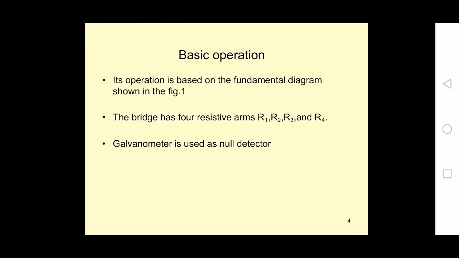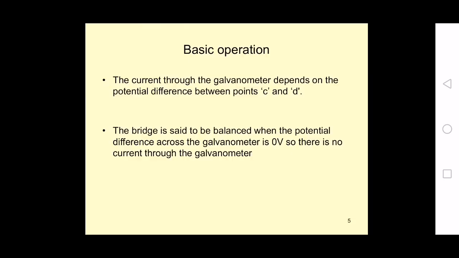The bridge has totally four resistive arms, R1, R2, R3, R4, and a galvanometer is used as a null detector connected between C and D. This Wheatstone bridge is the most accurate method available for measuring resistances ranging from approximately 1 ohm to several mega ohms.